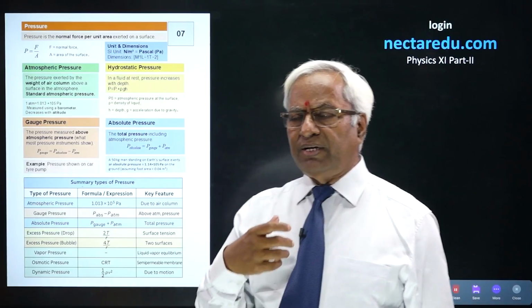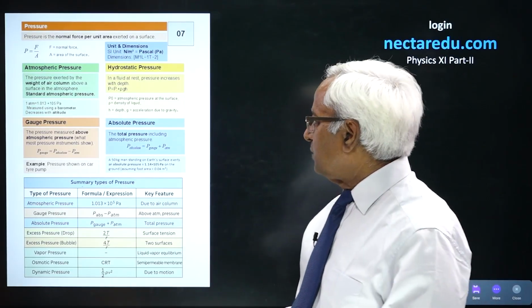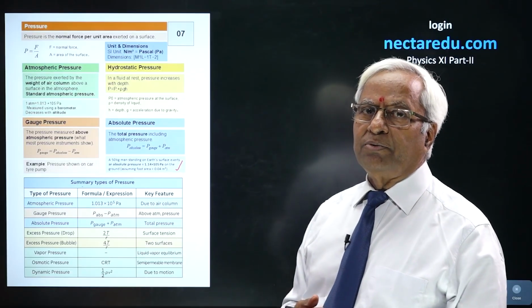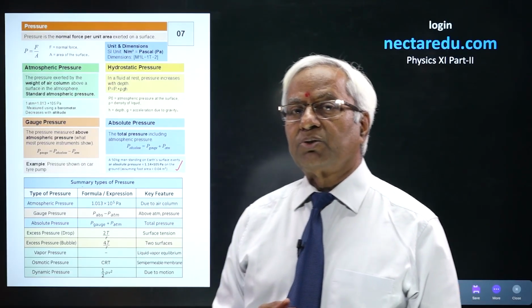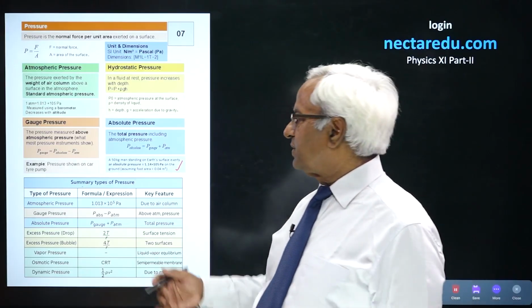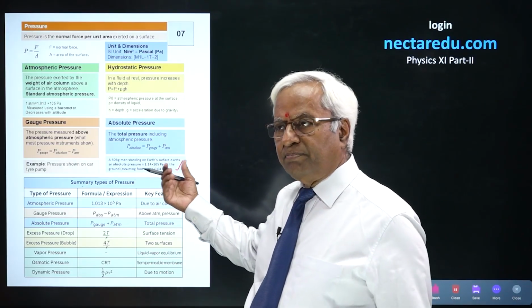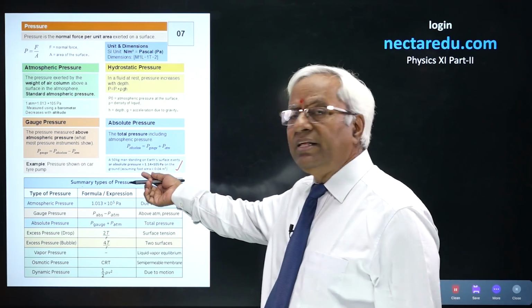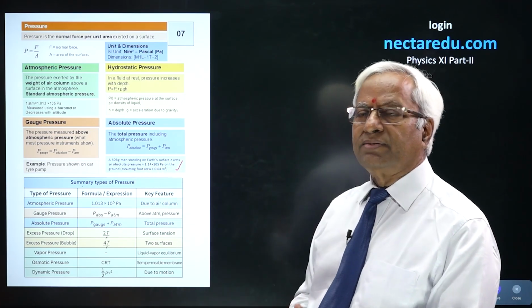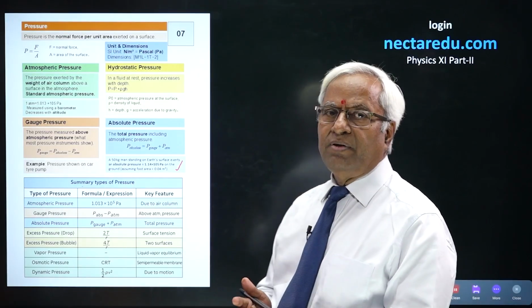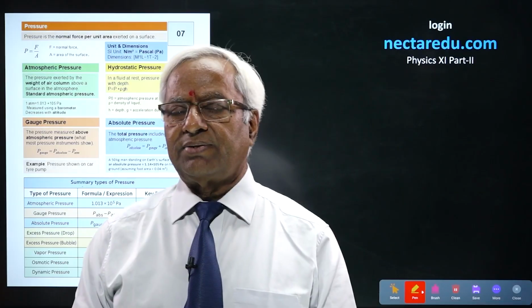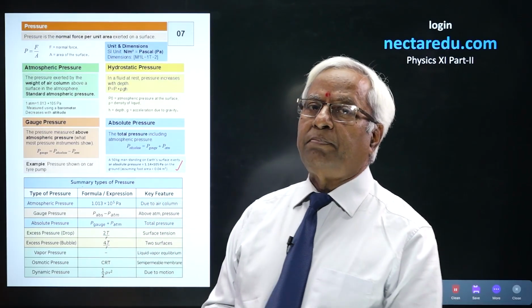Because of his weight and the atmosphere, the total pressure comes out to be 1.14 times 10 to the power 5 Pascal. While considering this important and peculiar result, we have chosen the surface area of the foot equal to 400 centimeter square.